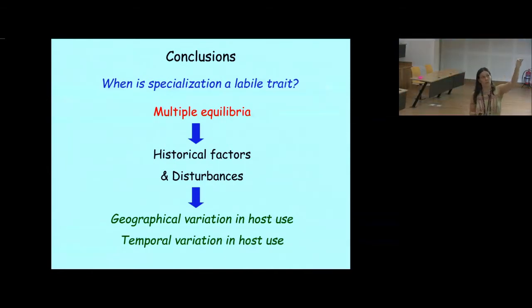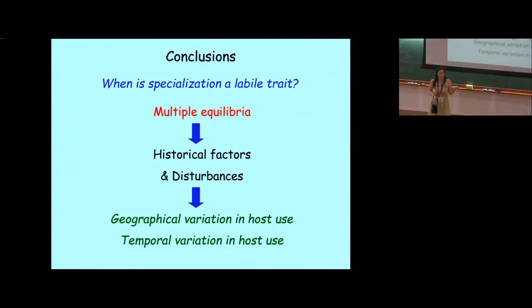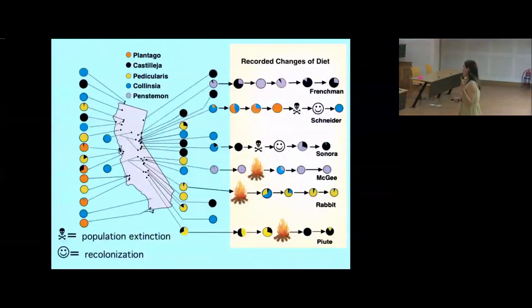This predicts a lot of geographical variation in host use, and potentially a lot of temporal variation in host use. And this is exactly what Mike Singer described through his decade-long studies of butterfly diets in California. This is satisfying, because even if you don't understand the detail, you understand why broadly it might happen quite often.